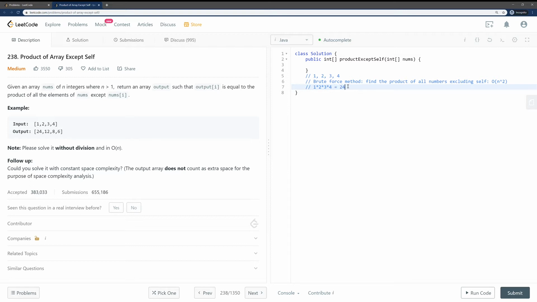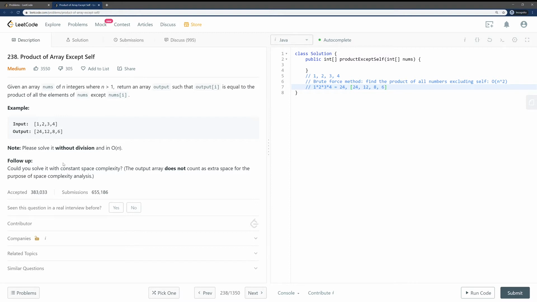Then for each of the element indices, we can divide this 24 by the respective number and get the multiplication. So the result will be at first 24, if we divide 24 by 1, that will be 24. The second one will be 12. The third one will be 8. If we divide by 4, it will be 6.